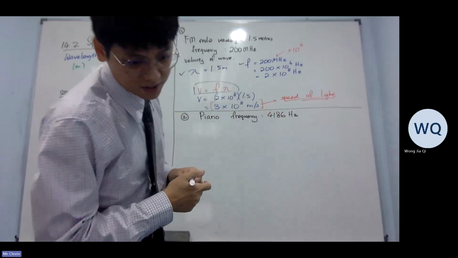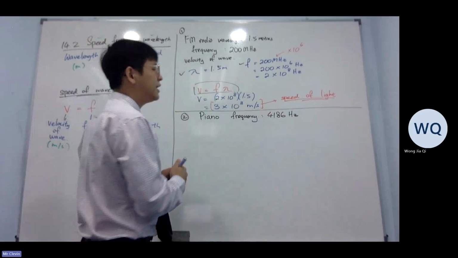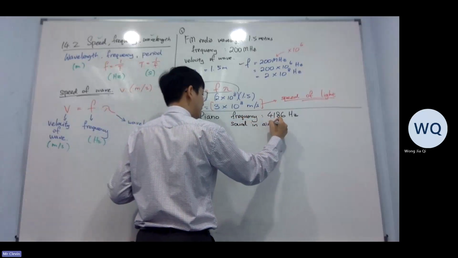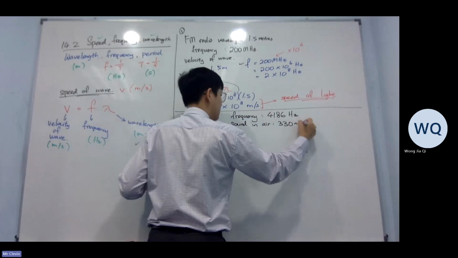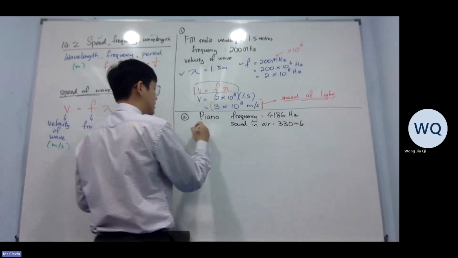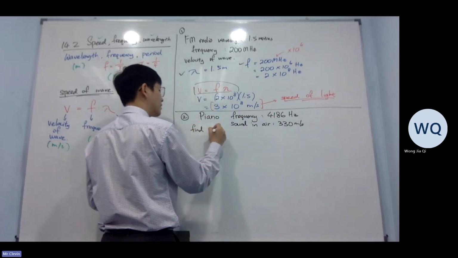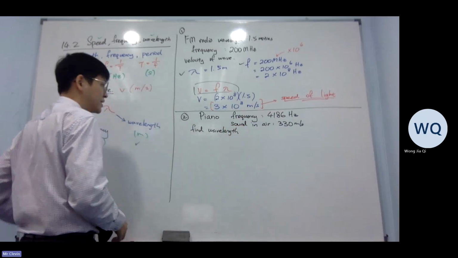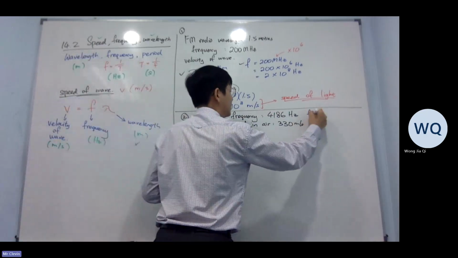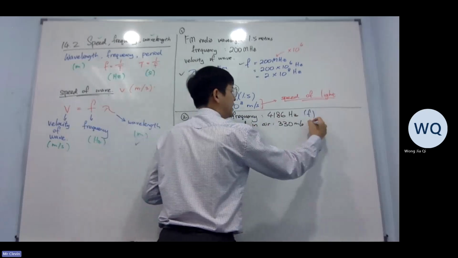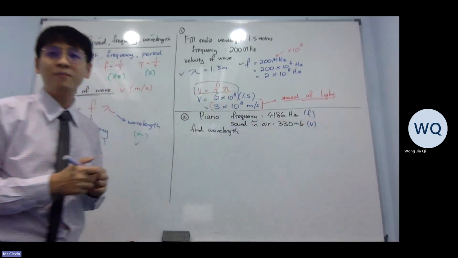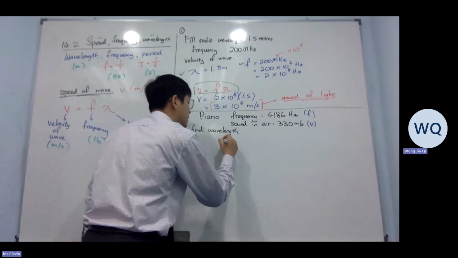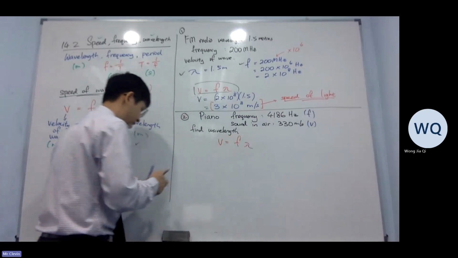And then they give us that the sound in the air is about 330 meters per second. The question asks us to find the wavelength. So always identify: frequency is this, velocity is this. Put all the things into the formula, V equals F lambda.